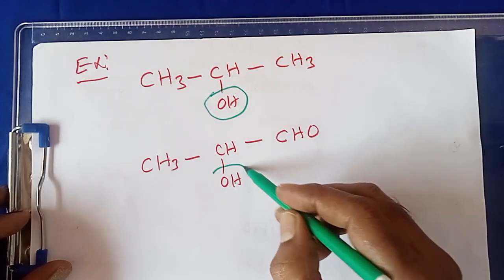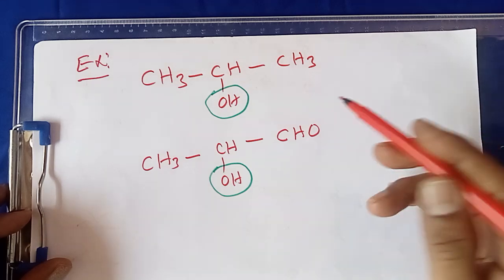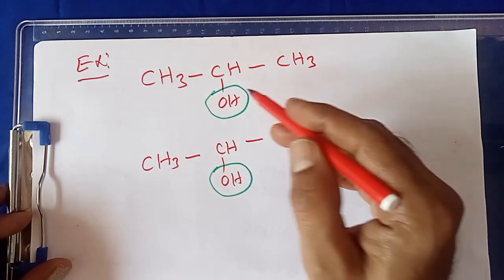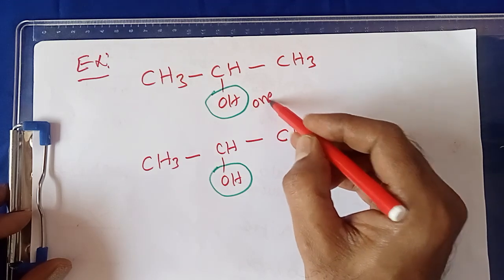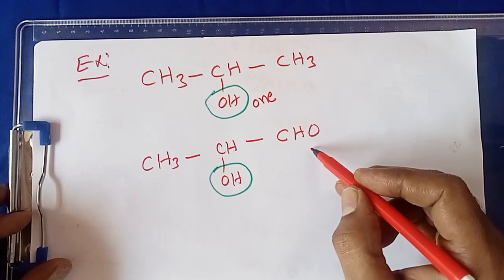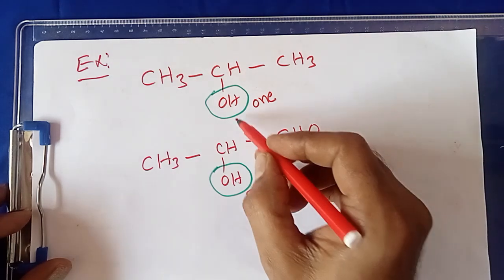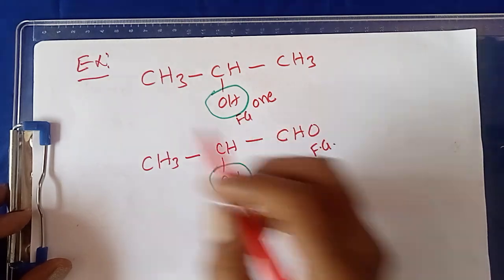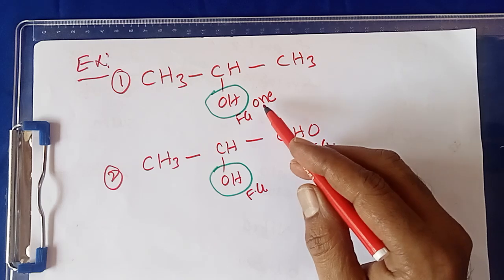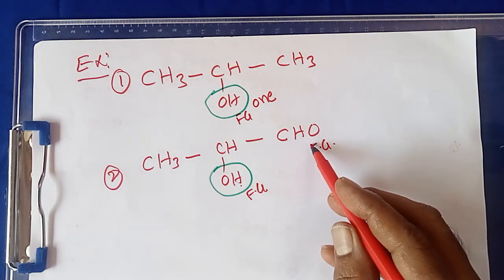Here also OH functional group is present. But we must know that in this one, functional group priority order is not required. Only one functional group is present. But here OH functional group and CHO functional group. This is a functional group. This is also a functional group. In example 1 and 2, in the first example only one functional group, but in the second example, two functional groups are there.